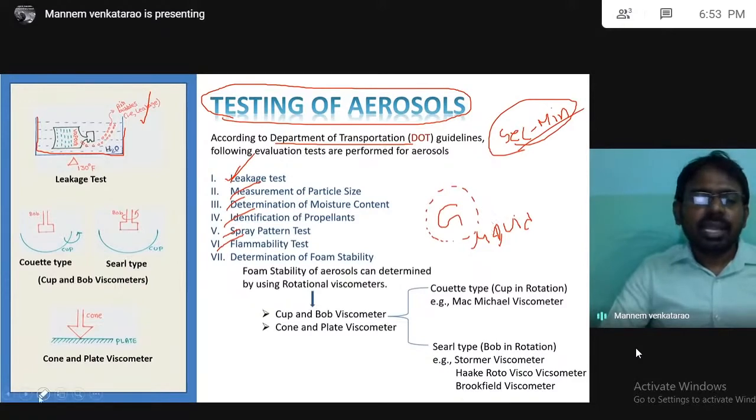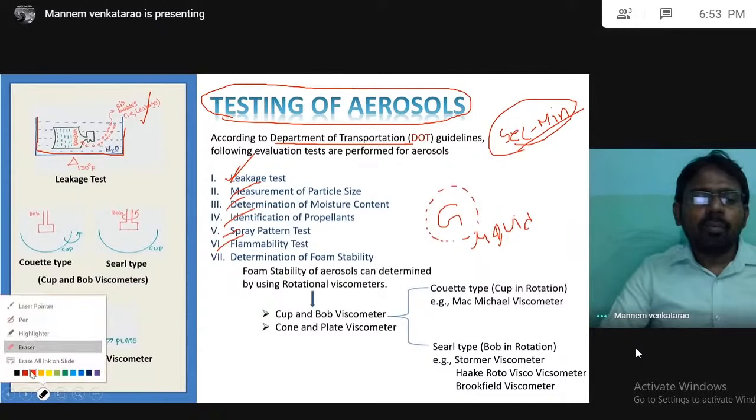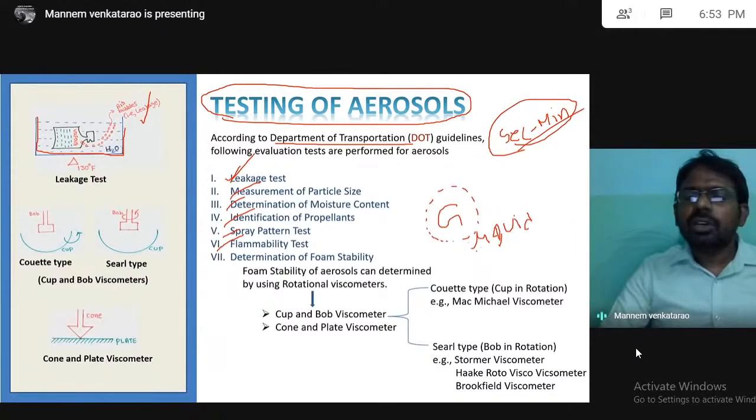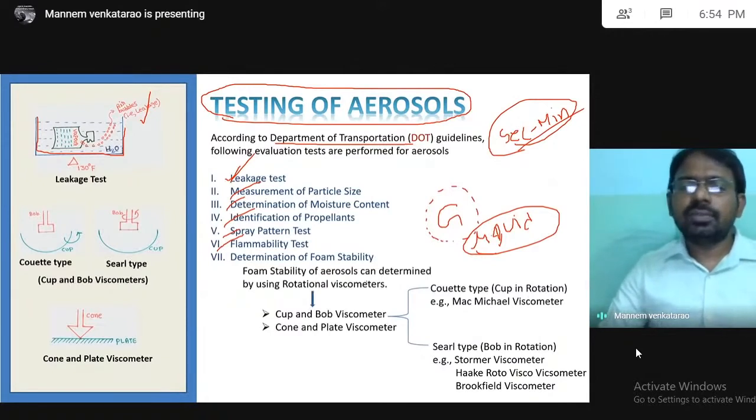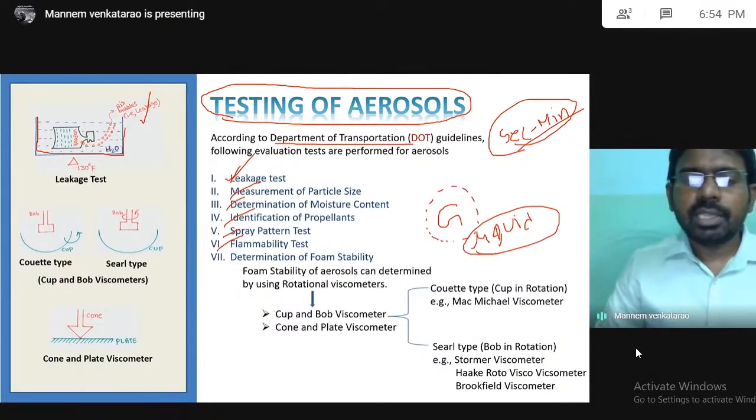That's why the time required to break the foam depends on the viscosity of the liquid. Viscosity means thickness. Measurement of time to break the foam is difficult, but measurement of viscosity of the liquid is possible. That's why determination of foam stability means measurement of viscosity of the liquid.